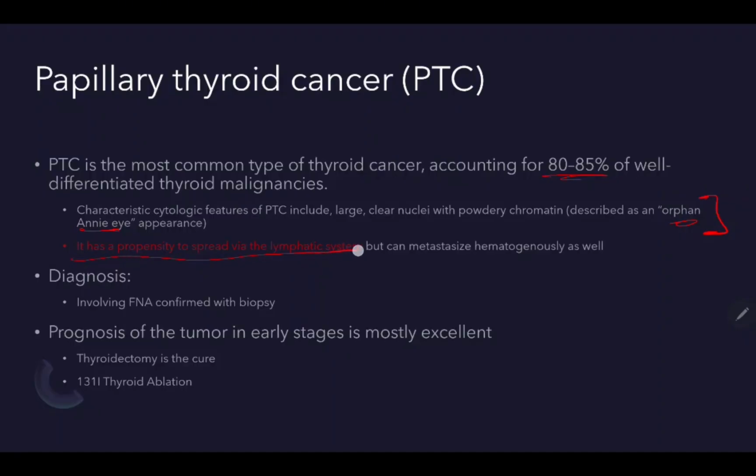It spreads to the lymphatic tissue, but can also go to the blood, though most commonly it goes by the lymphatic tissue. Okay, you diagnose it by biopsy, and the prognosis is actually good if it's in the early stages. The treatment, we treat this by iodine ablation. Thyroidectomy is the standard, but radiation can also treat this condition.